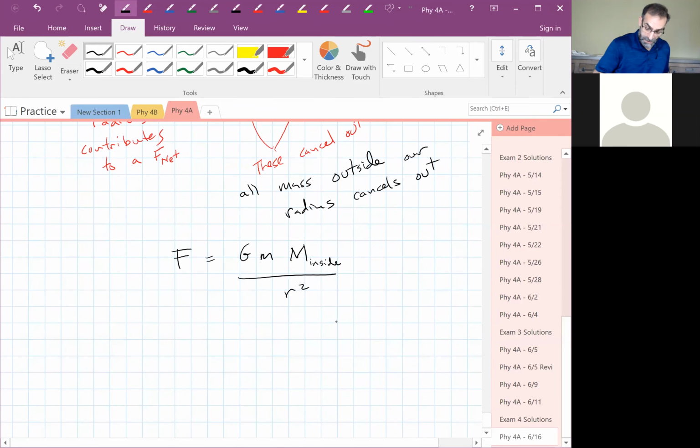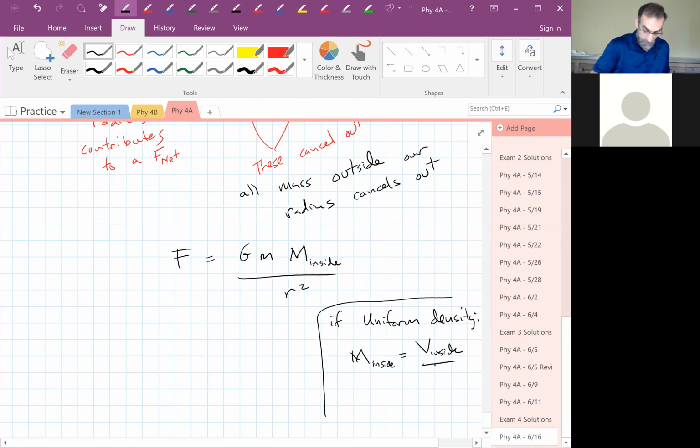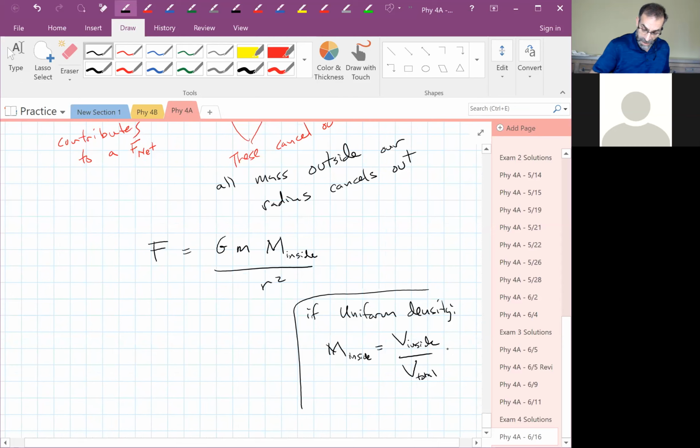And if we have uniform density, then the mass inside is going to be the volume inside over the volume total times the mass total.